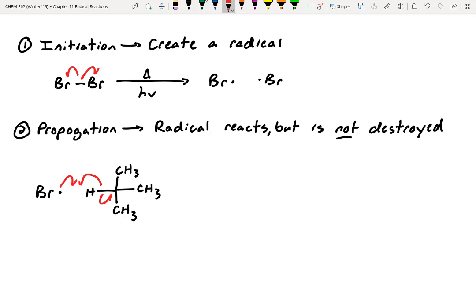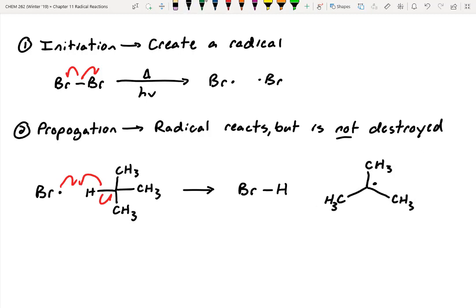The other electron will go to that central atom. And so now we've created a new covalent bond between bromine and that hydrogen. We have a radical on the central carbon.